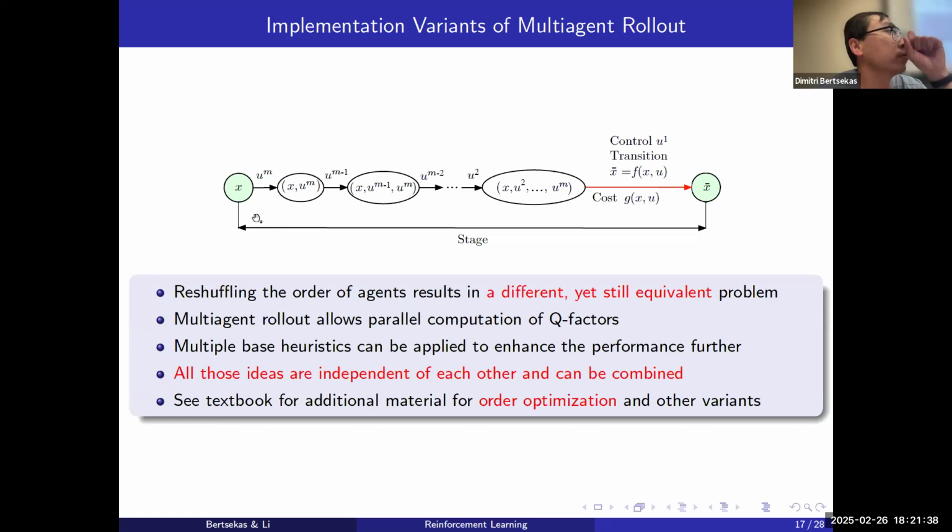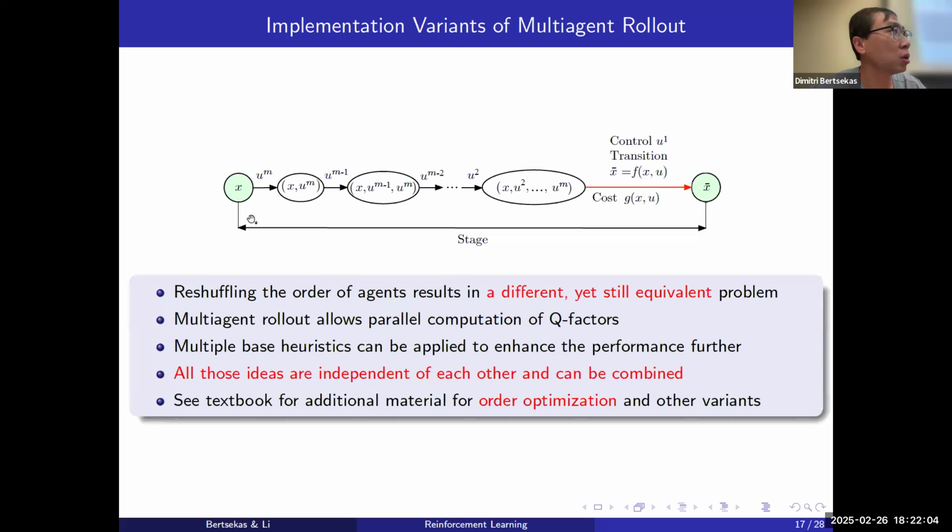Under what circumstances are you not allowed to change the order? It's not that you are not allowed to change the order. It's that once your control is selected according to a particular order, you move on to the next stage, and then you run rollout again.